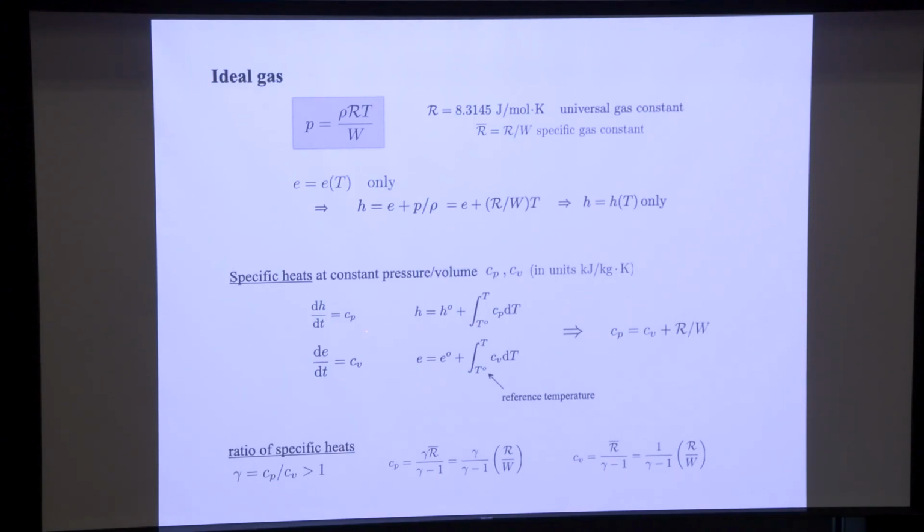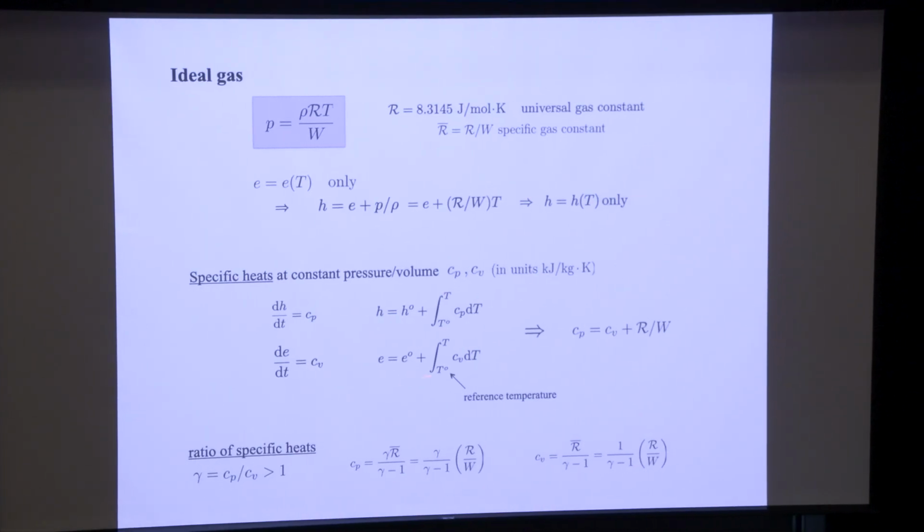Since we know that H and E are related as such, then Cp and Cv are also related, and since the gas constant is always positive, then Cp is always greater than Cv.